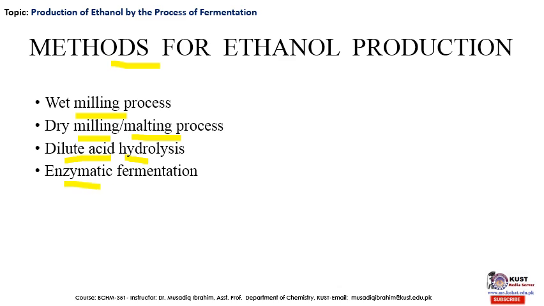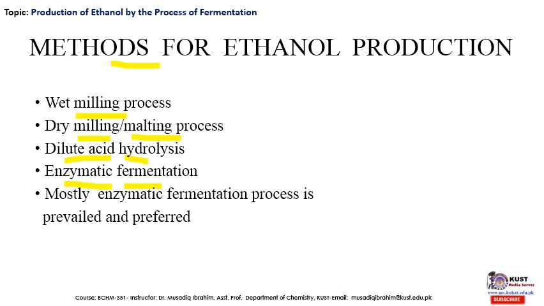The fourth one is enzymatic fermentation. All these processes are types of fermentation, but they differ either in using the batch mode or the continuous mode or the fed batch mode. That is why they have different yields of the final product.